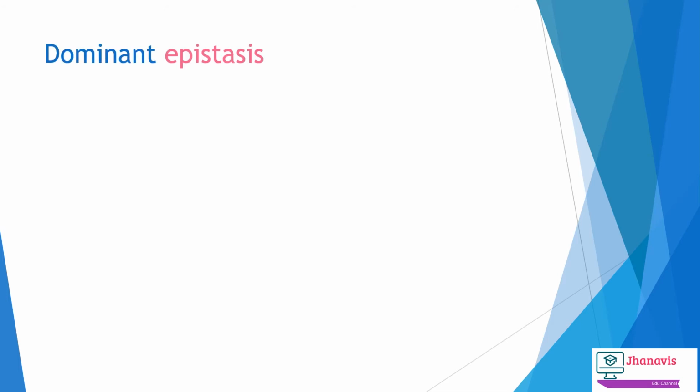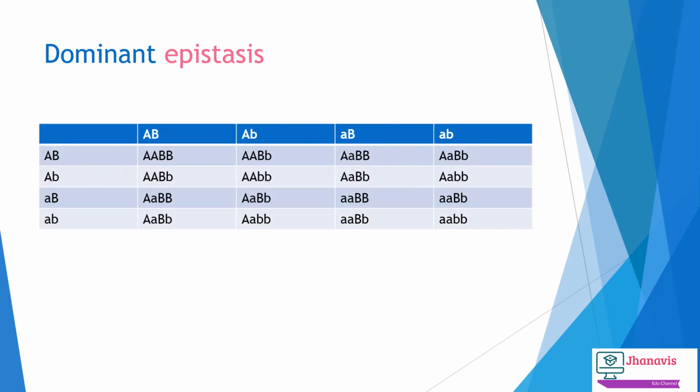Let's start with dominant epistasis, in which we will study about the F2 generation. So we are dealing with the F2 generation of dominant epistasis. To start with the F2 generation, we have to cross the F1 generation plants with one another. So here the F1 generation plants will be capital A, small a, capital B, small b, and they are crossed with each other.